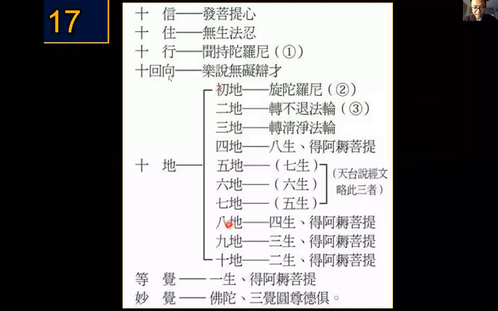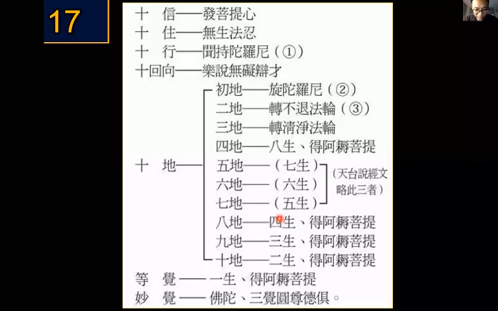When we say that the 4 world system of bodhisattvas will get Anuttara Samyak Sambodhi in 4 lifetimes, that refers to this group of bodhisattvas in the 8th ground of the bodhisattva path.